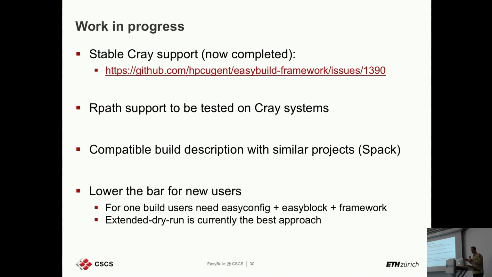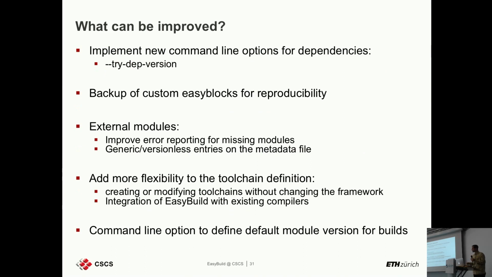So maybe these 3 steps can be reduced to 2 steps, like integrating the EasyBlocks with the framework, reducing the number of EasyBlocks, and using more the EasyConfigs, as you have pointed out, Kenneth, maybe with YAML files, that might be a possibility. The extended dry run also comes very handy, and what can be improved.